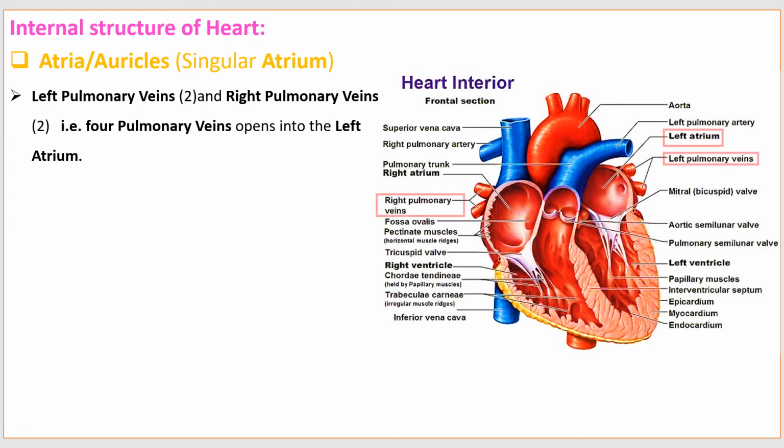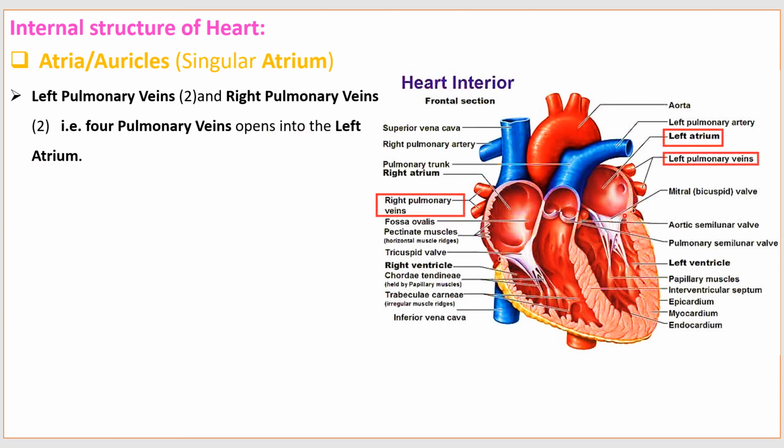In the internal structure of the heart, the left pulmonary veins are 2, and the right pulmonary veins are also 2. So totally 4 pulmonary veins open into the left atrium.